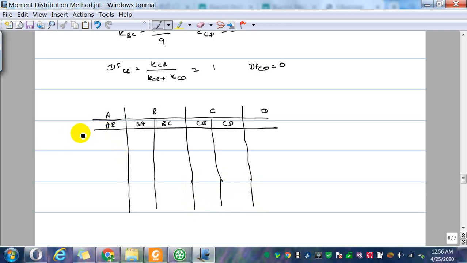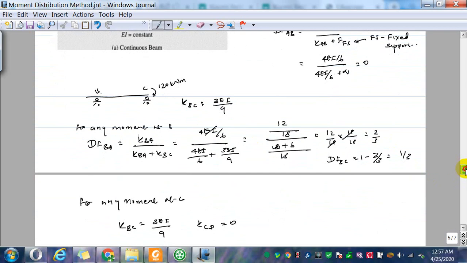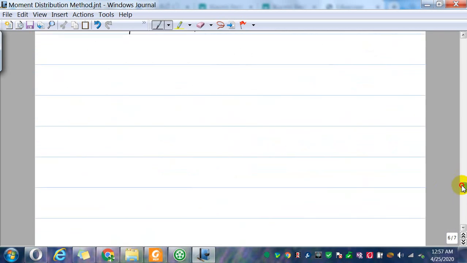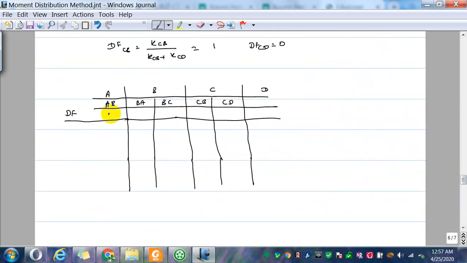So we have to have 2 things. One is the distribution factor. If you consider AB, the distribution factor DFAB, we found it to be 0.